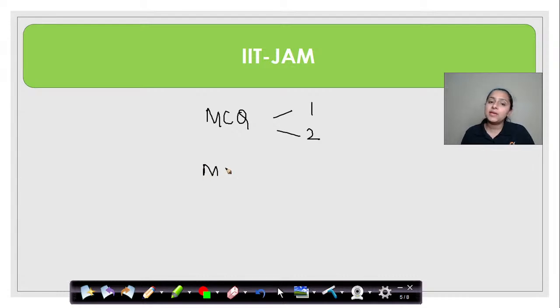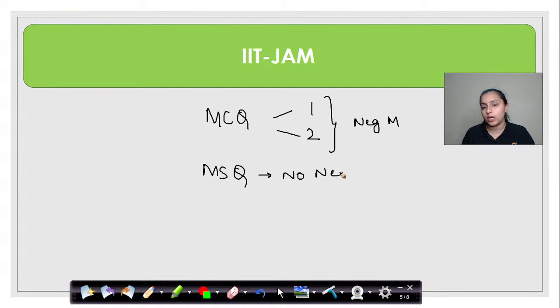They have MSQ questions also. MSQ questions are multiple select questions where more than one option is correct. In MCQ there is negative marking, but in MSQ there is none, and only if you select all the options which are true do you get marks, otherwise 0 marks.